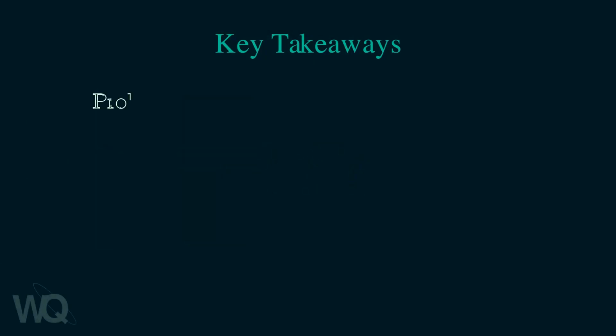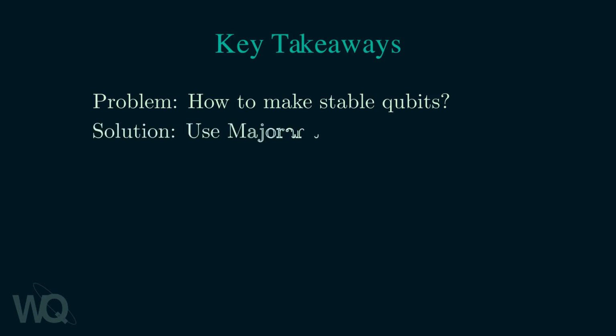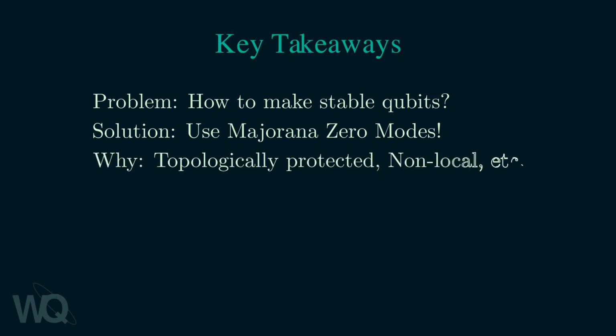Let's sum up. We started out by exploring the main problem in quantum computing: making noise-resistant qubits. Topological quantum computation tackles this using MZMs, which are inherently resistant against various noises due to properties like topological protection.